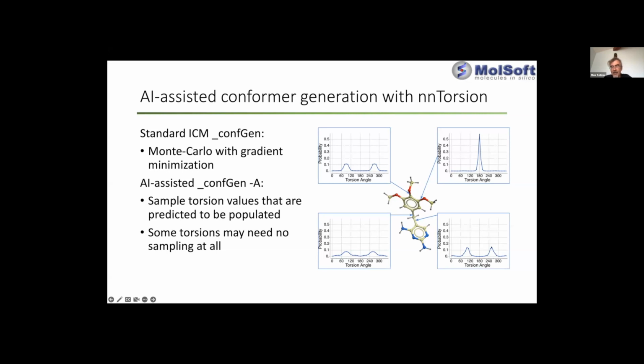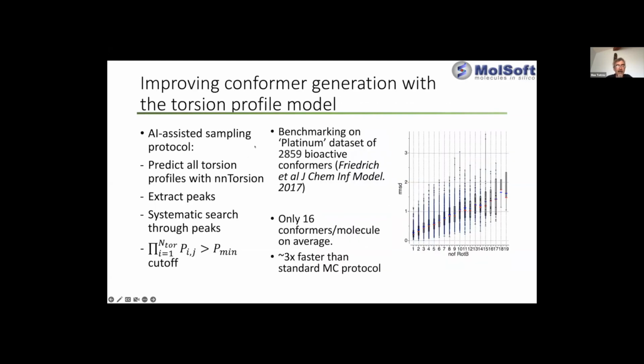And the other profiles also have those peaks. Those peaks can then be combined in AI-assisted sampling. So we basically predict all torsion profiles, extract the peaks, and then systematically search for those peaks. The search can be restricted to combinations of peaks that have some preset minimum probability.